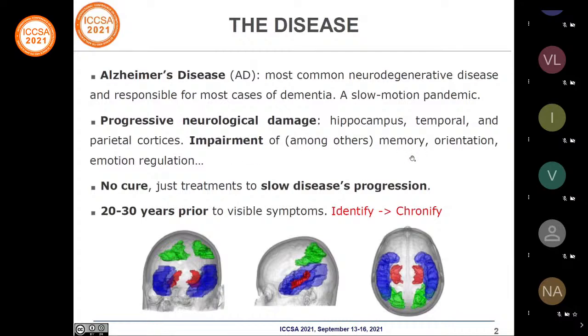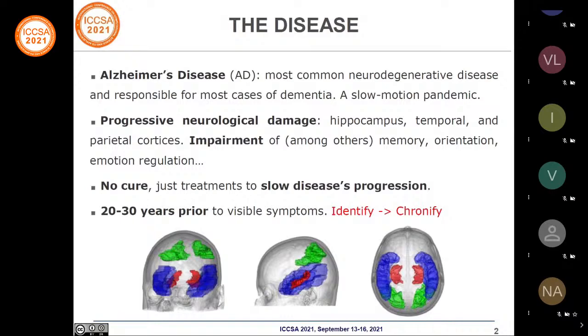What the neurobiologists are trying to do at this stage is to identify the disease in an early stage when there are no observable symptoms and try to chronify it, just to apply neuroprotectives and leave the patient in a more or less healthy state, with other causes not related to Alzheimer's.